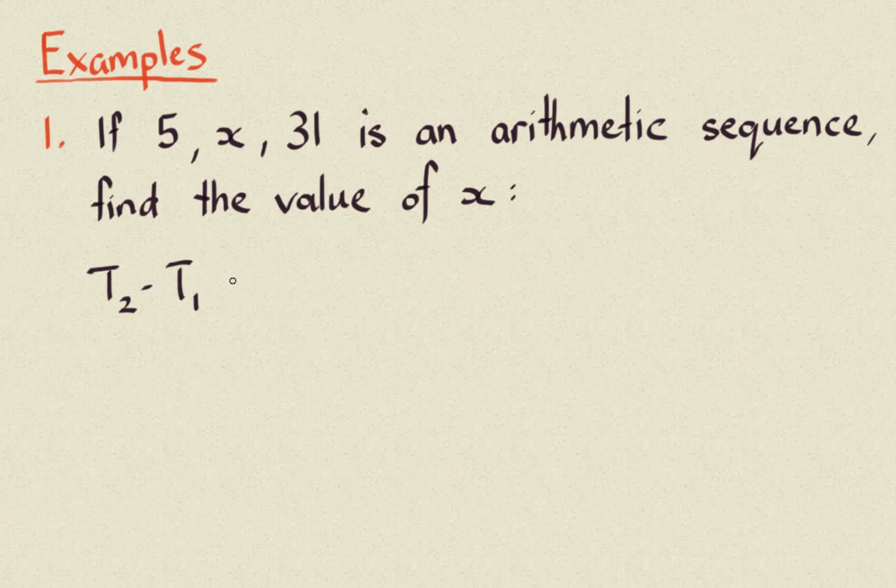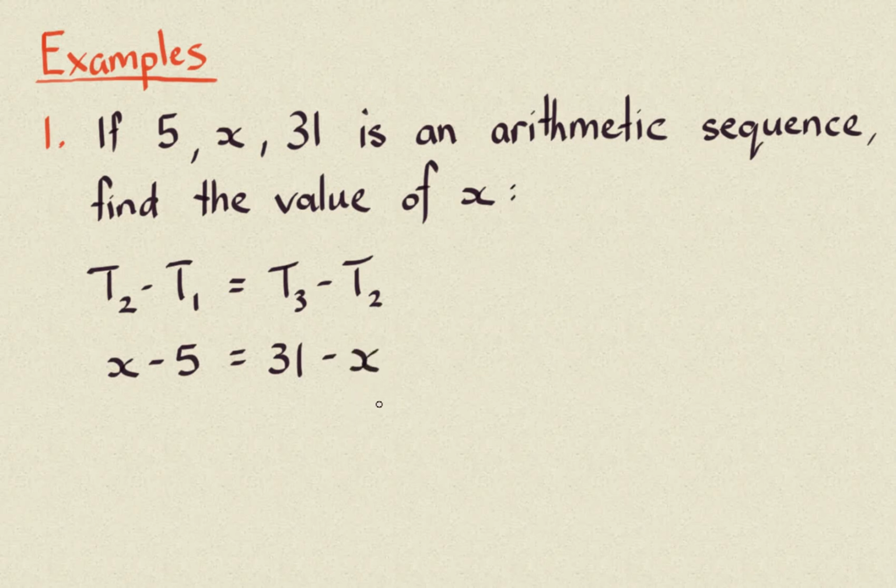Because it's constant, that has to be equal to the next difference between term 3 and term 2. So substituting in the specific values and pronumerals that we see, term 2 is x, term 1 is 5, so x minus 5 has to be the same as 31 minus x.